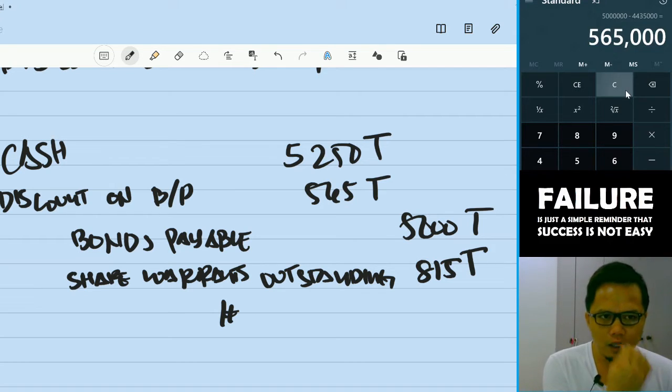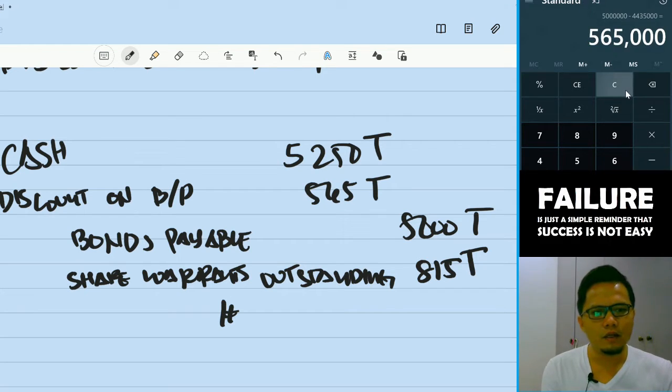That is how we recognize the entry for bonds payable with share warrants when the fair market value is unknown. The rest of the procedure is the same na yan siya, regardless if the fair market value is known or unknown.